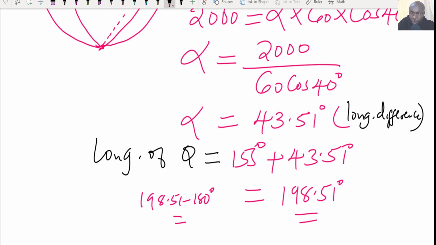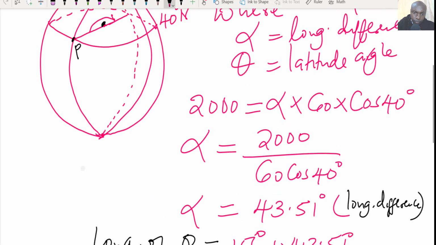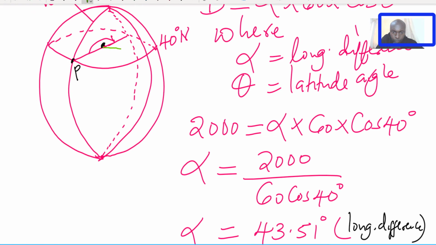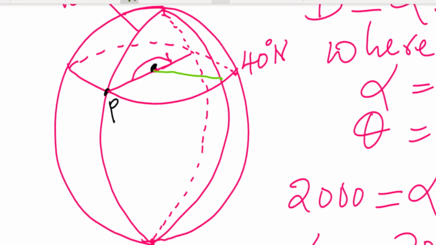I want to get this angle that is additional to 180, which is 18.51 degrees. So this angle that is here will be 18.51 degrees.